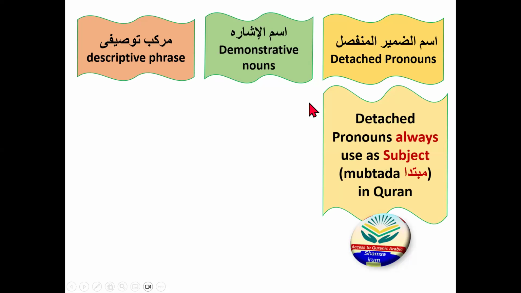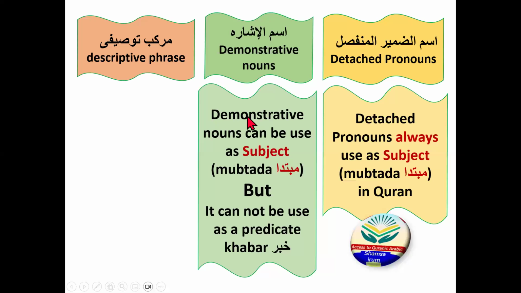We learned this today. And the ismul ishara, or ism murakkab ishari, the demonstrative phrase or demonstrative nouns, can be used as a subject, as a mubtada, but it cannot be used as a khabar, as a predicate. You know the reason because I already explained it in this lecture.